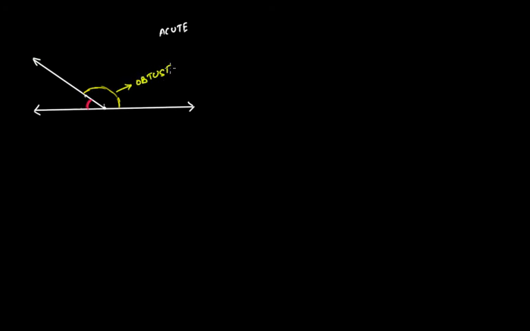And if you're wondering why, then we know that for any angle to be an obtuse angle, it should be greater than 90 degree, but should be less than 180 degree.